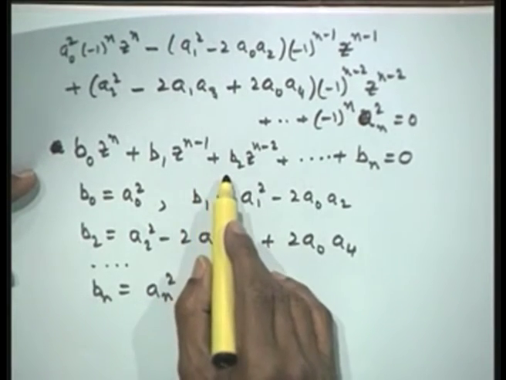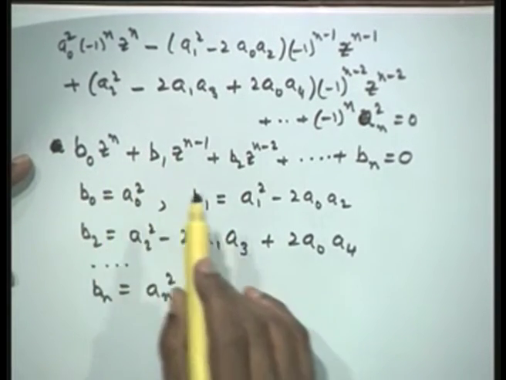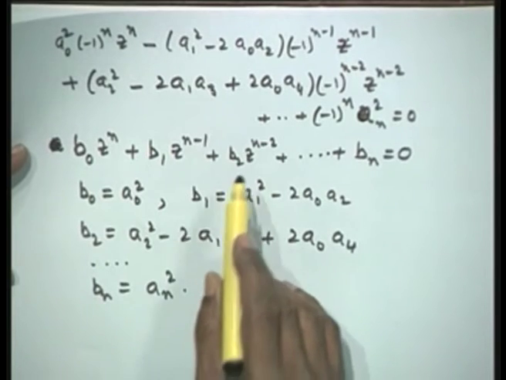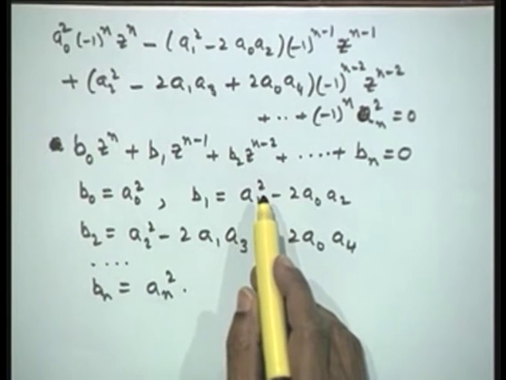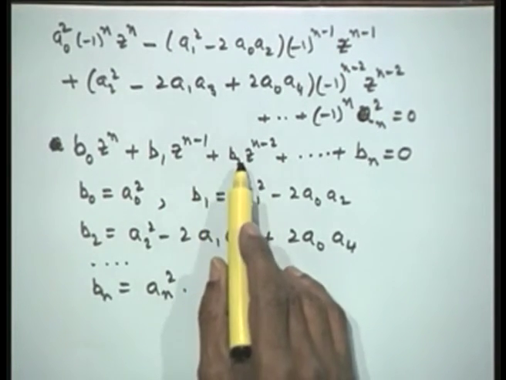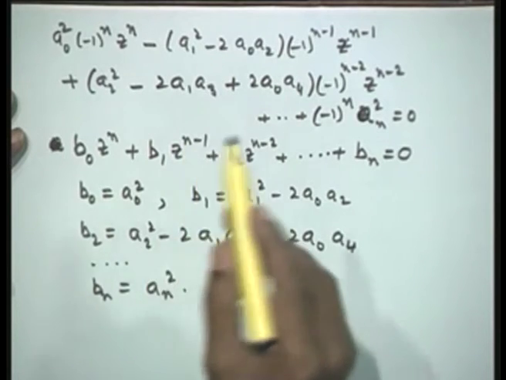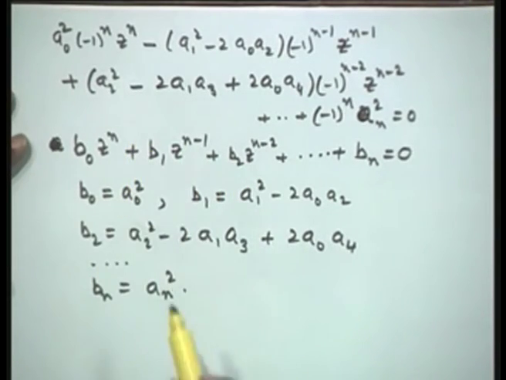Now this is a polynomial of degree n whose roots are the squares. We have substituted z is equal to minus x square. The roots of this are the squares of the previous roots with an opposite sign.